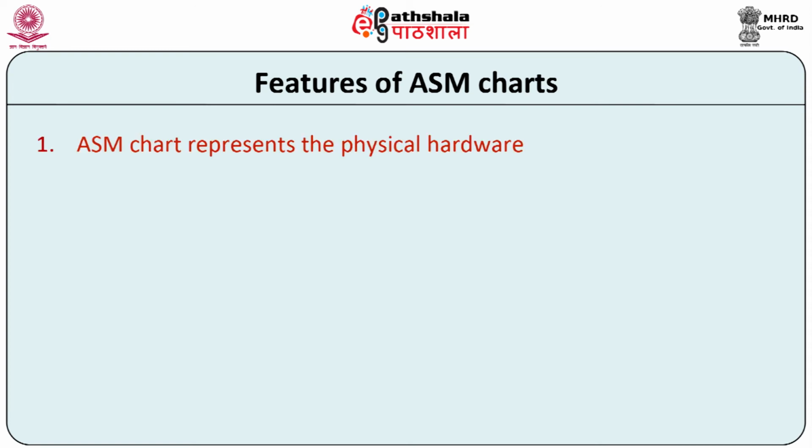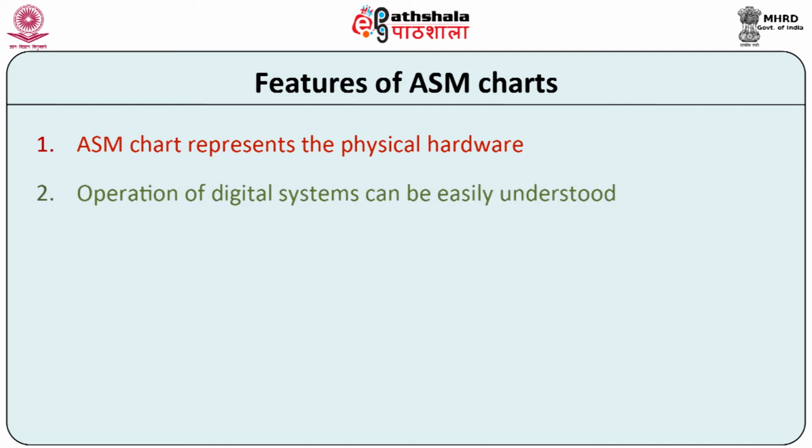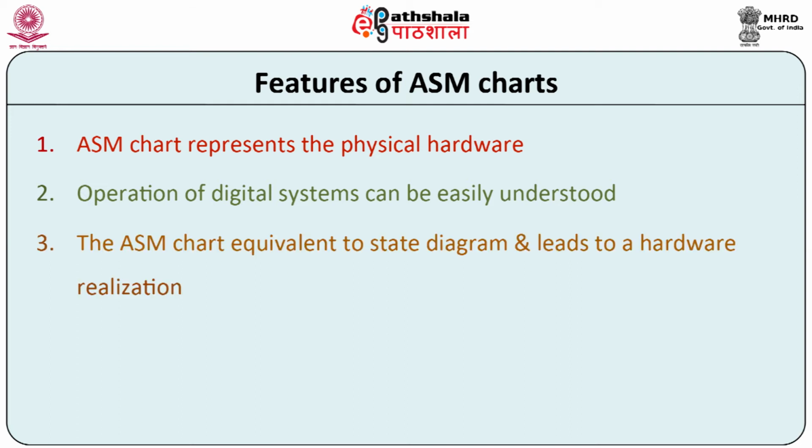First, ASM chart represents the physical hardware of the system. Second, the operation of digital systems can be easily understood by inspection of ASM chart. Third, the ASM chart is equivalent to a state diagram and it leads to a hardware realization.